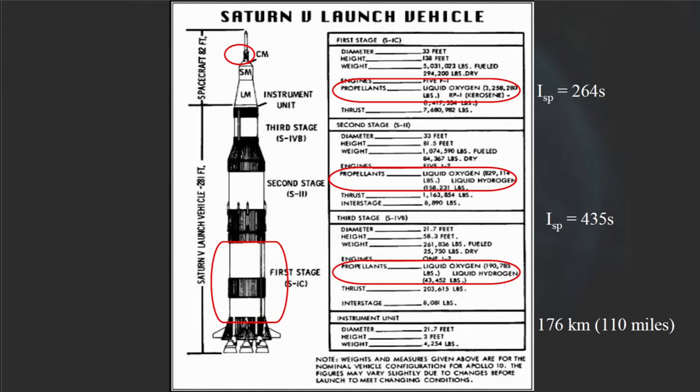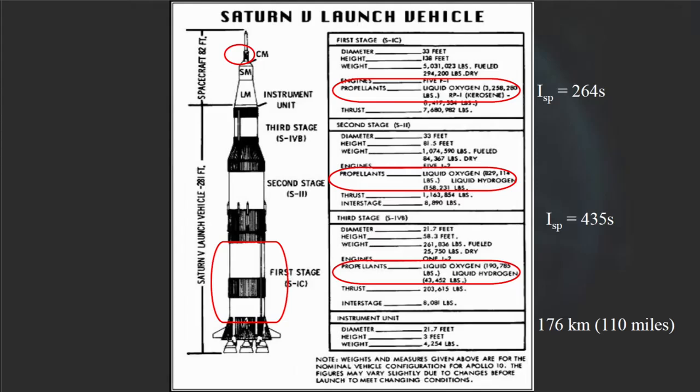This vehicle stood about 360 feet tall, 111 meters, and carried 285,000 pounds, that is 129 metric tons, of payload into LEO. It also delivered approximately 50 tons to the moon. The first stage of the Saturn V used kerosene and liquid oxygen as propellants, yielding a specific impulse of about 264 seconds.